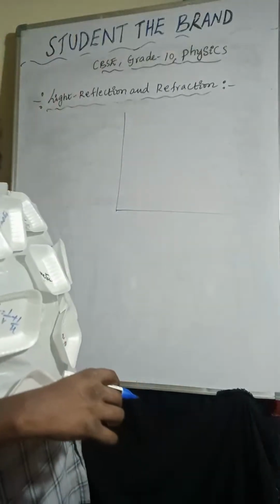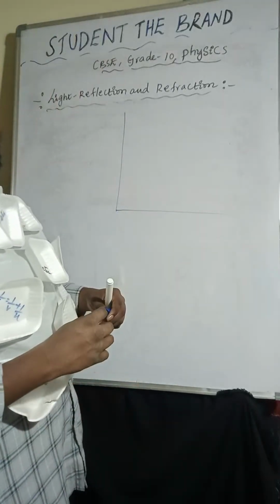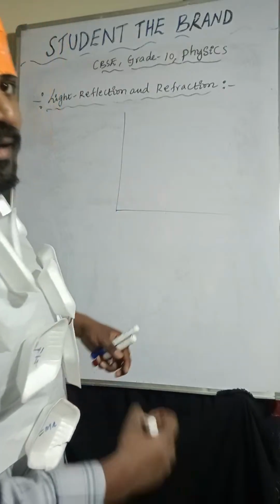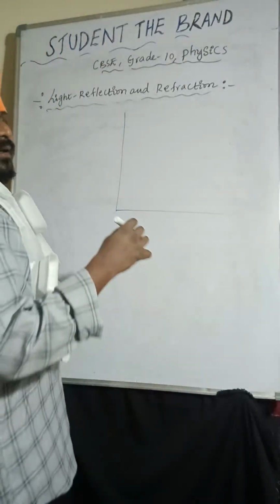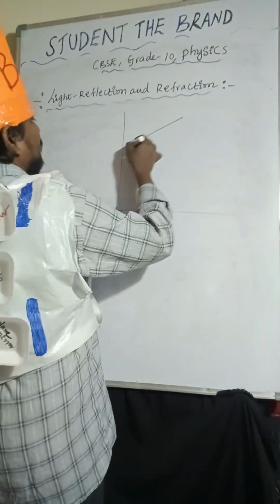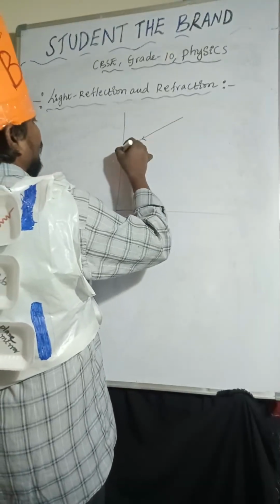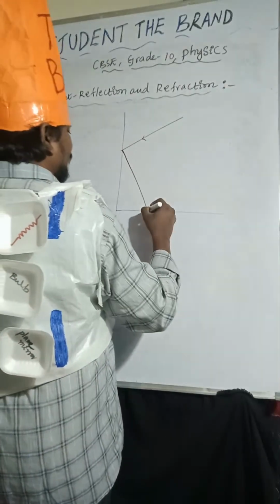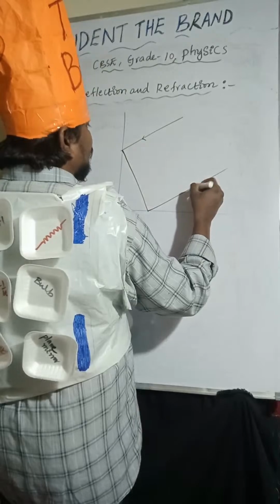Two plane mirrors must be perpendicular to each other in order to get the incident ray and reflected ray parallel. The incident ray is reflected here, then it is reflected like this.